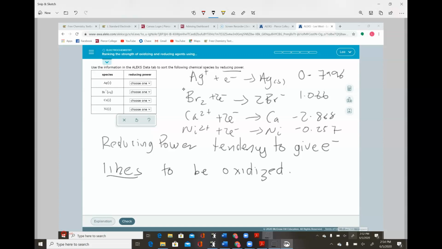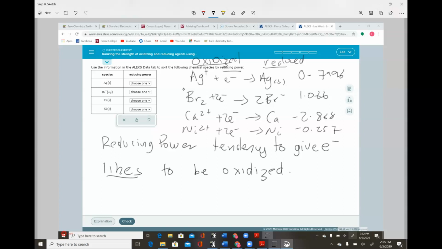Now how the standard reduction potentials work is the more positive the value, the more likely it is that that reaction will occur. So what you see here is that we have the oxidized form of the species on the left, and we have the reduced form on the right of this equation. So what this is really saying is the more positive the standard reduction potential, the more it prefers the reduced form.